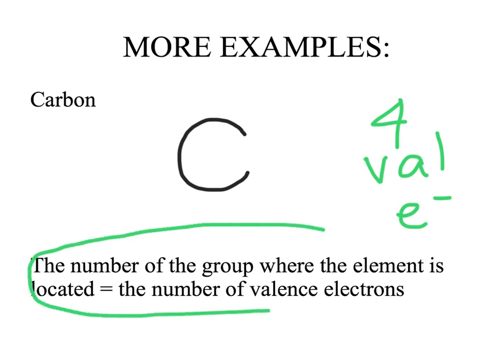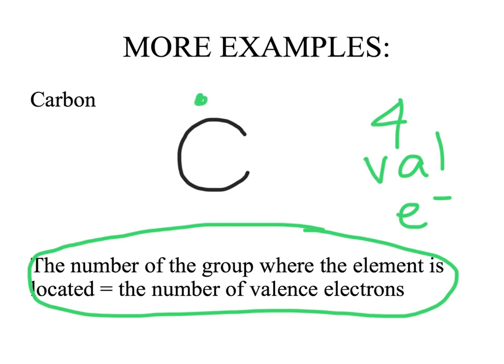The number of the group where the element is located equals the number of valence electrons you will need for drawing the Lewis structure. So, let's draw, this is step number 3. Let's draw valence electrons on each side of the imaginary cross we were talking about before.